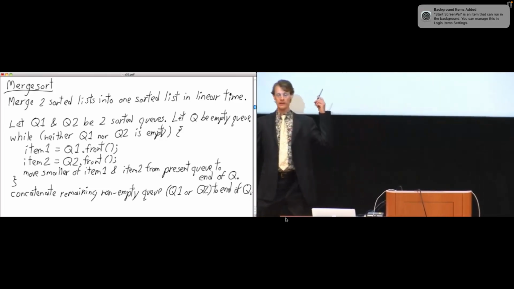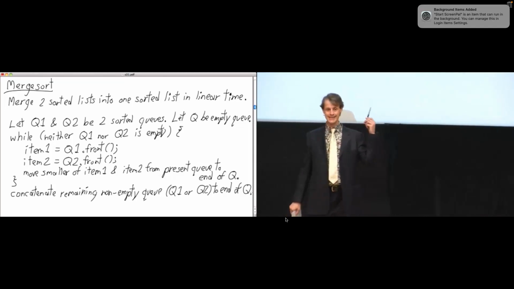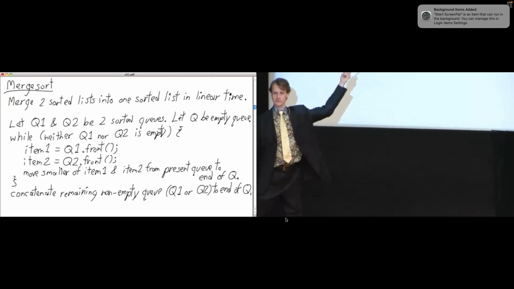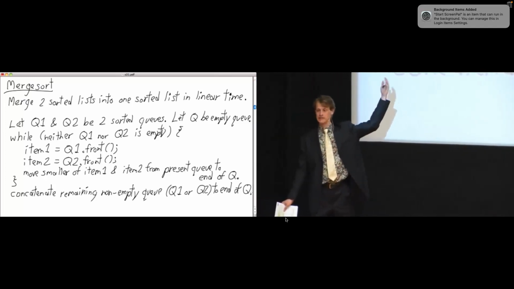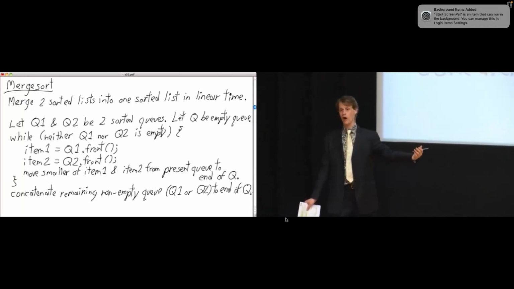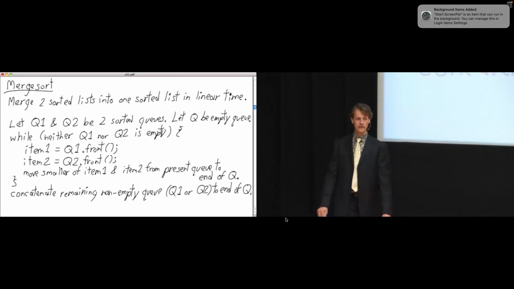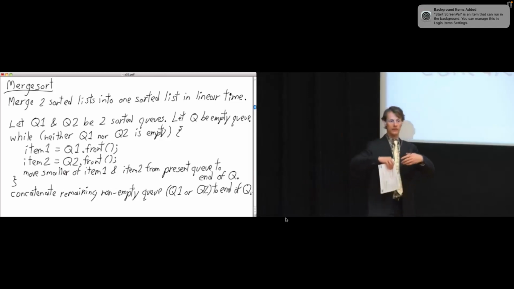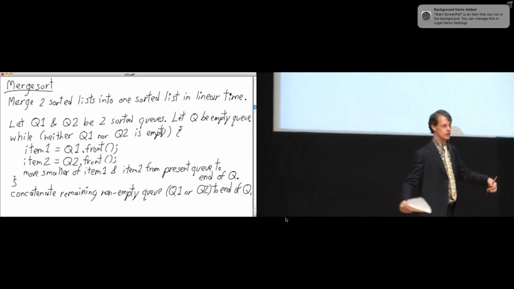So one way to look at this merging routine, by the way, is this is a selection sort. So we're just doing selection. We're finding the smallest item, and we're moving it to the end of the output list. But selection is really fast in this case because we're sorting two sorted lists rather than sorting a big unstructured mess of numbers.